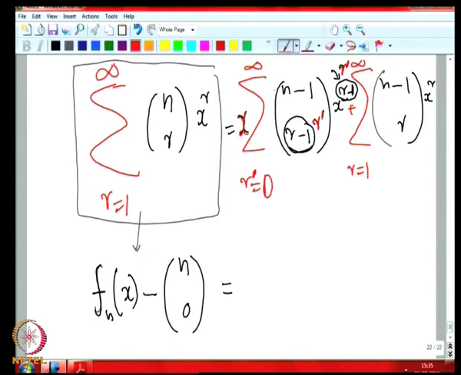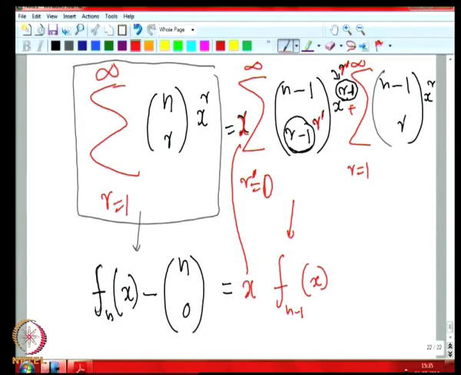So, this is perfect. So, r dash is 0 to infinity and n minus 1 choose r dash into x raised to r dash. That we know, this x is anyway copied, and this will become f n minus 1 of x, right, because this full summation is there, r dash equal to 0 to infinity.